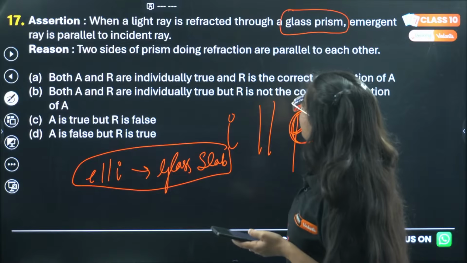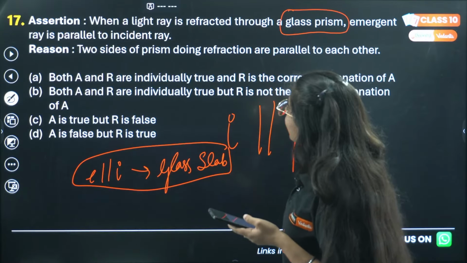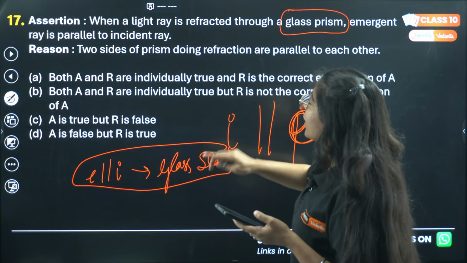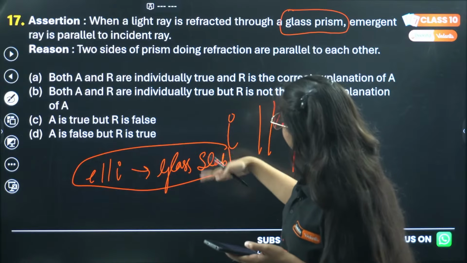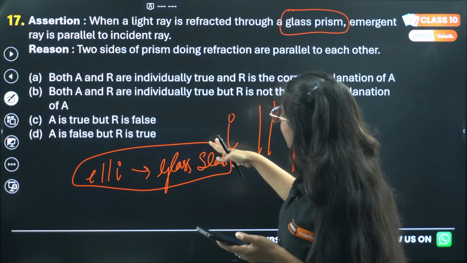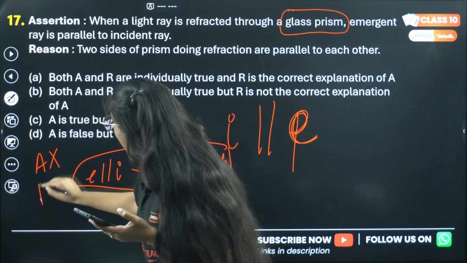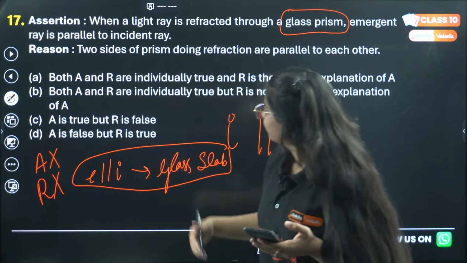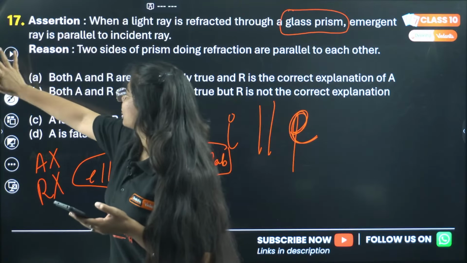The glass prism emergent ray is not parallel to incident ray, and reason is also wrong, that two sides of prism are never parallel to each other. So I guess something is wrong in this question, or I'm just confused. Both are false. A is also false, R is also false. Okay, moving on to the next question.